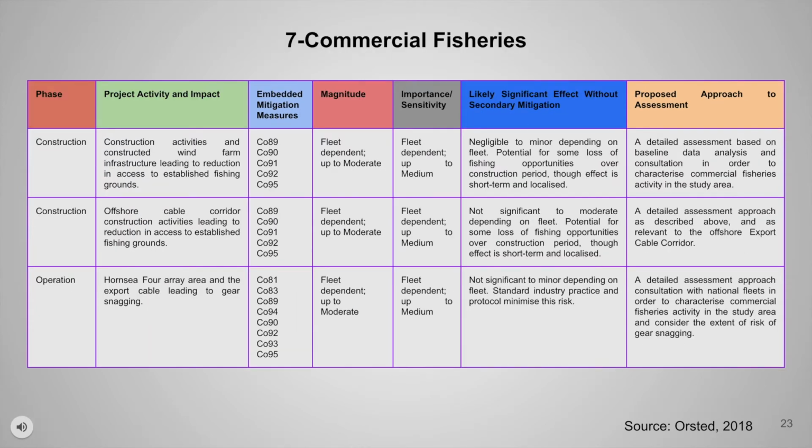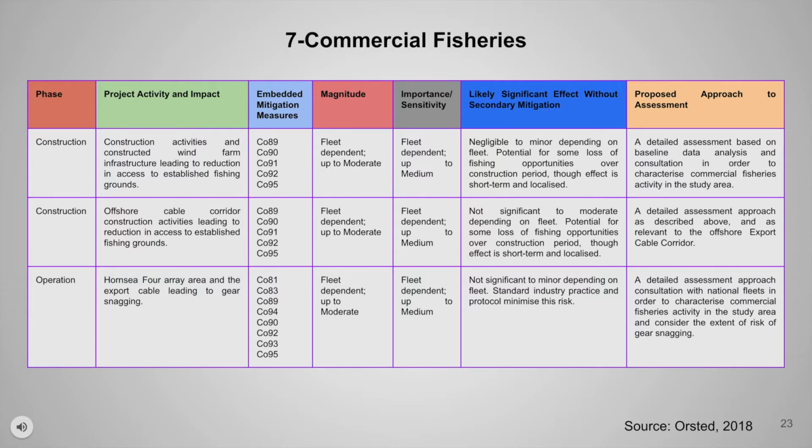Let's move on with the seventh category, which is commercial fisheries. In the construction phase, the project activity and impact is Hornsea area construction activities and physical presence of constructed wind farm infrastructure, leading to reduction in access to or exclusion from established fishing grounds.